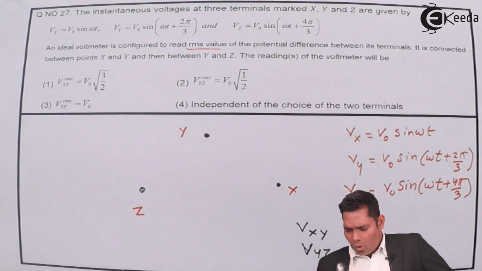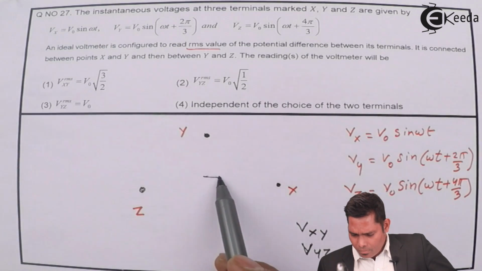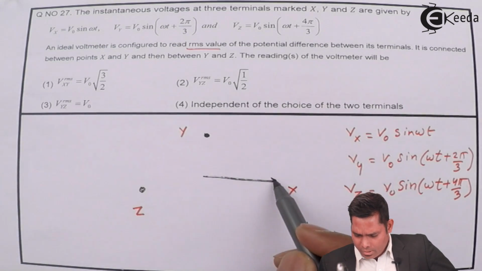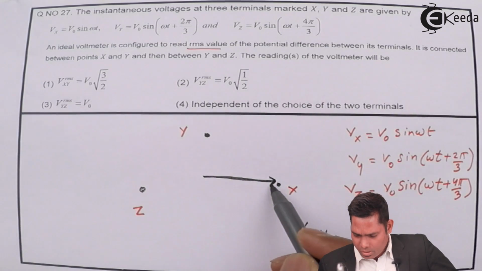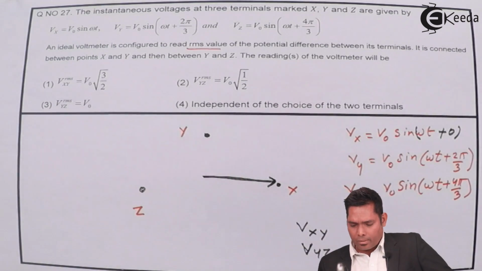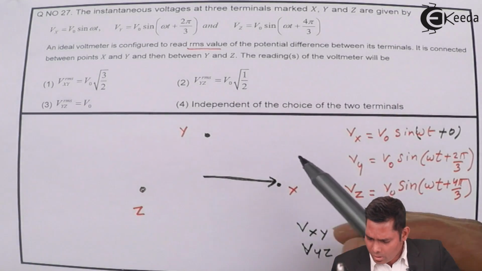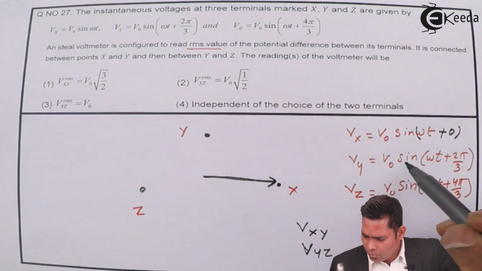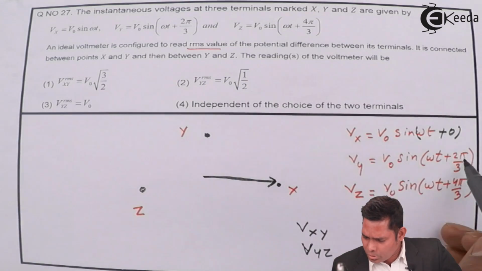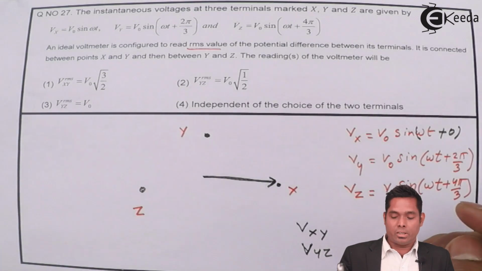So if I draw a line like this for X, this is the 0 line, then Y is at 2 pi by 3, that is 120 degree.